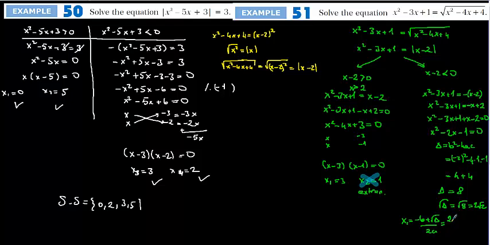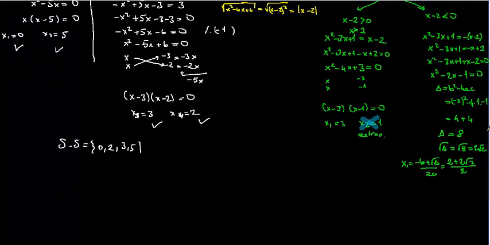So minus b becomes 2 plus 2 root 2 over 2 times 1. And x2 is equal to minus b minus root of delta over 2a.